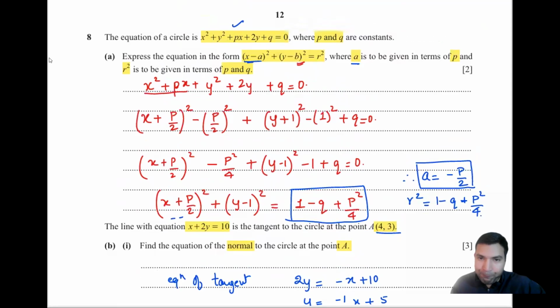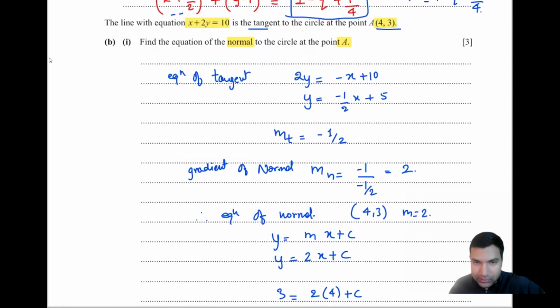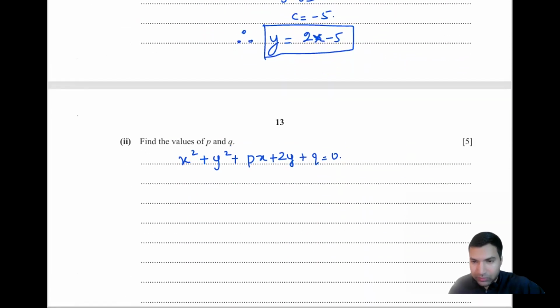And we know that the tangent is also there at A. So equation of the tangent is x plus 2y is equal to 10 at the point (4, 3), right? Now when I differentiate this equation of the curve, let's say if I differentiate with respect to x, differentiate with respect to x.